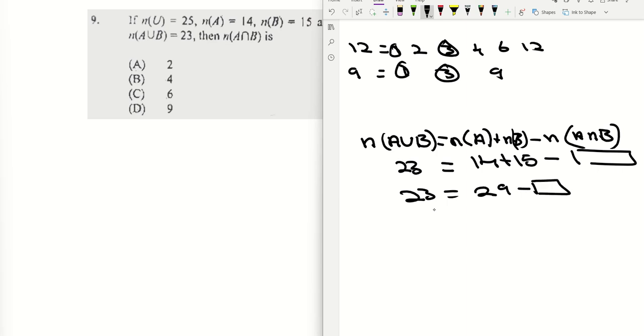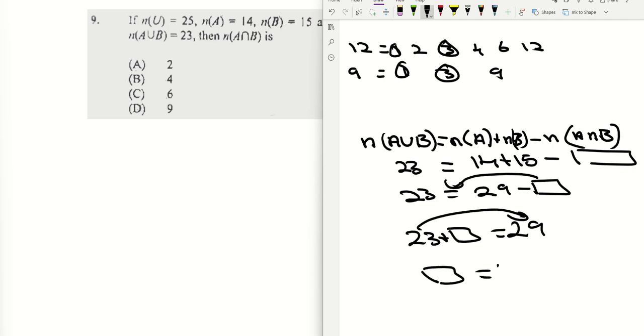We can see that the answer is 6, but let's just work it out. You want that box to be positive, so 23 plus something is equal to 29. You carry this across, so that box is equal to 29 minus 23. So my box is equal to 6. So I know that my answer for number 9 is C.